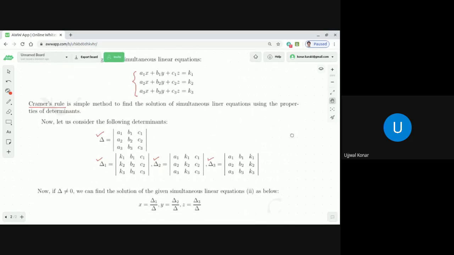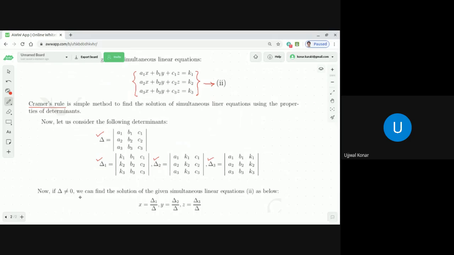By the way, this is known as equation 2. This is equation 2, I didn't write it earlier. Whatever system of linear equations you see here, this is equation 2.